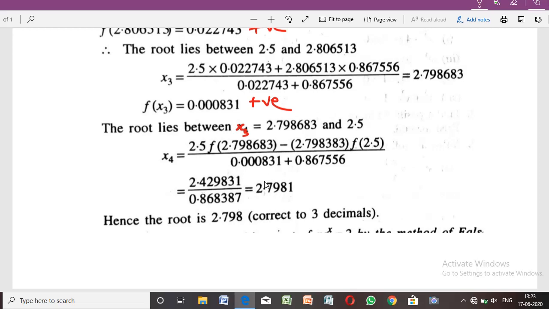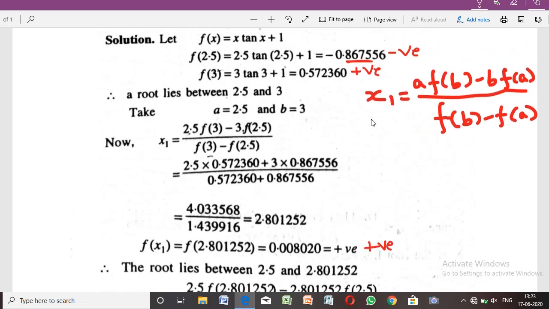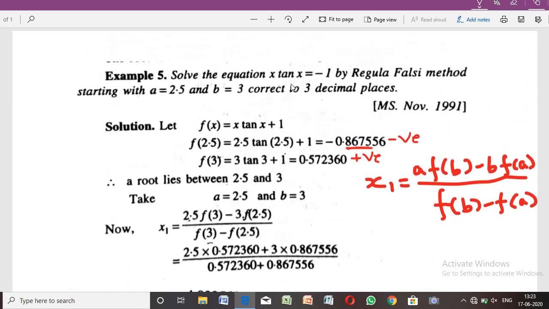Next, to find the x4 value, we get 2.7981. So here the value is 2.7981 and the previous value is 2.7989, to 4 decimal places. The question asks for correct to 3 decimal places.